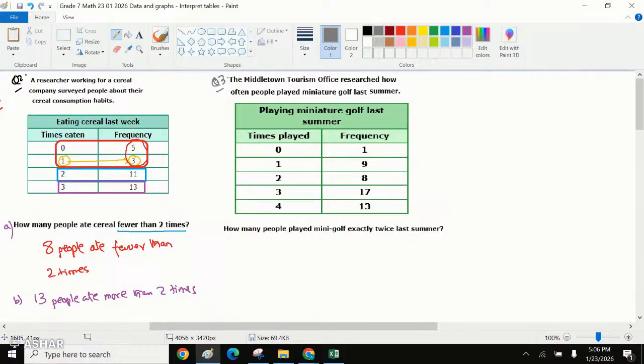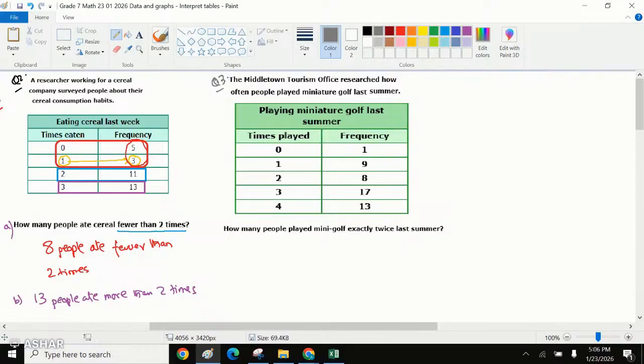So these are the given frequencies. Zero times was played by 1 person, one time was played by 9 people, two times was played by 8 people, three times was played by 17, and four times was played by 30.